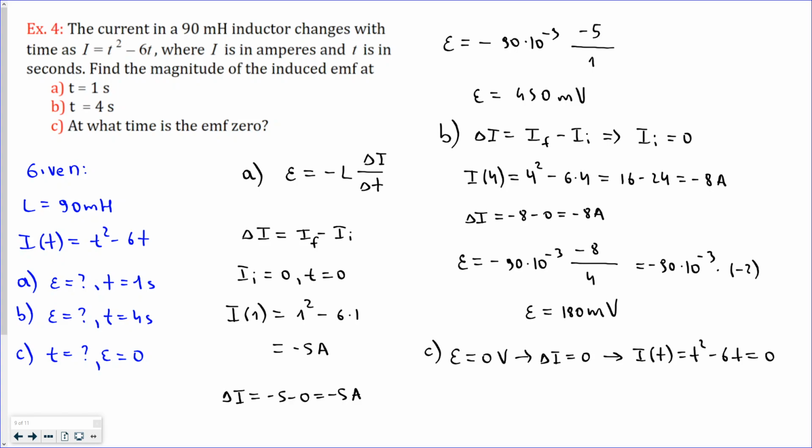And this is possible in two situations. From the equation we see that the EMF will be 0 when time is equal to 0 and when time is equal to 6 seconds. So at these two times we have EMF equal to 0.